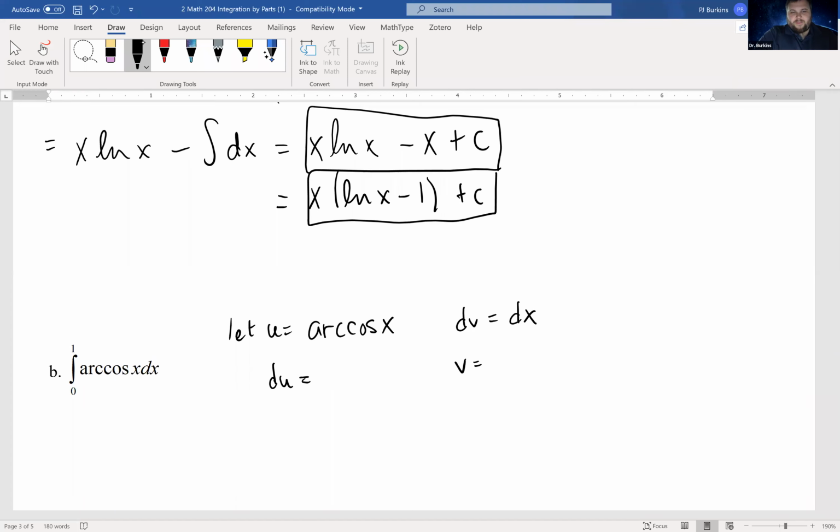So the question is, what's the derivative of arc cosine? Anybody recall that one? Wouldn't it be the inverse of negative sine? So in this case, like arc sine by chance? I don't think so. No. Okay. Is it 1 over root 1 minus x squared?